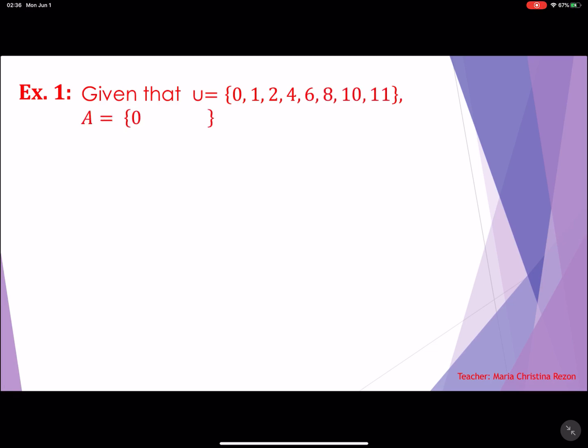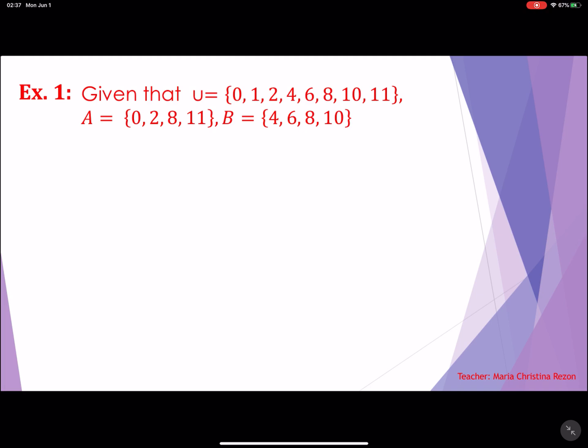Given that U is a set of 0, 1, 2, 4, 6, 8, 10, and 11, and set A is a set of numbers 0, 2, 8, 11, and B is a set of numbers 4, 6, 8, and 10.